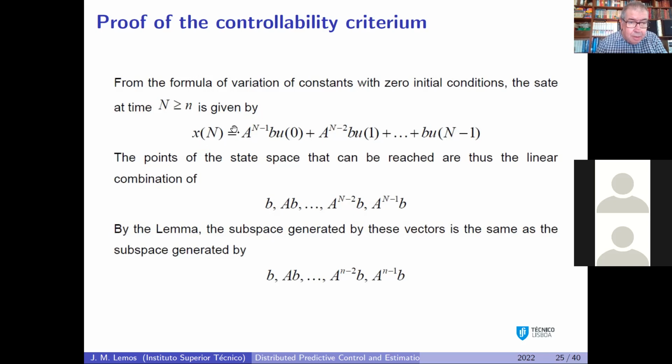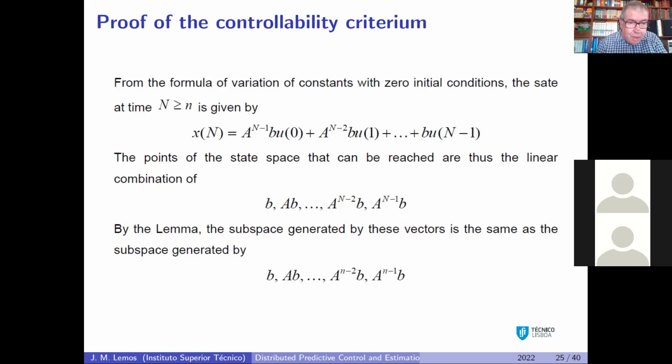The states that I can reach are the linear combinations of these vectors here. But the independent vectors that I find in this large collection of vectors for capital N are also contained in the first n vectors, where small n is the order of the plant.